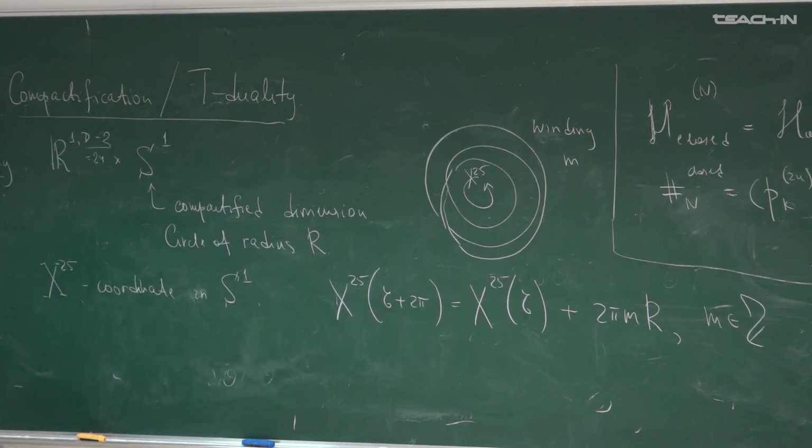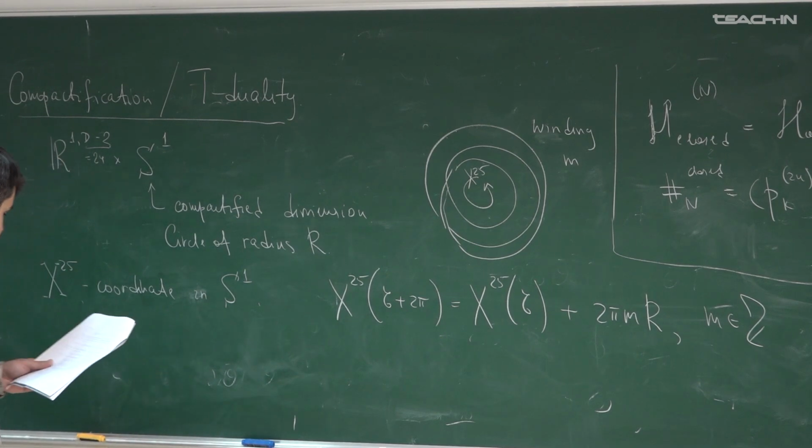And so our Fourier decompositions need to be modified slightly for x25.